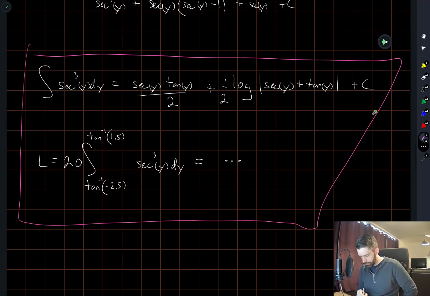And I don't think there's going to be any kind of nice simplification given these endpoints. Maybe a little bit of care needs to be taken in handling this. I don't really think so.